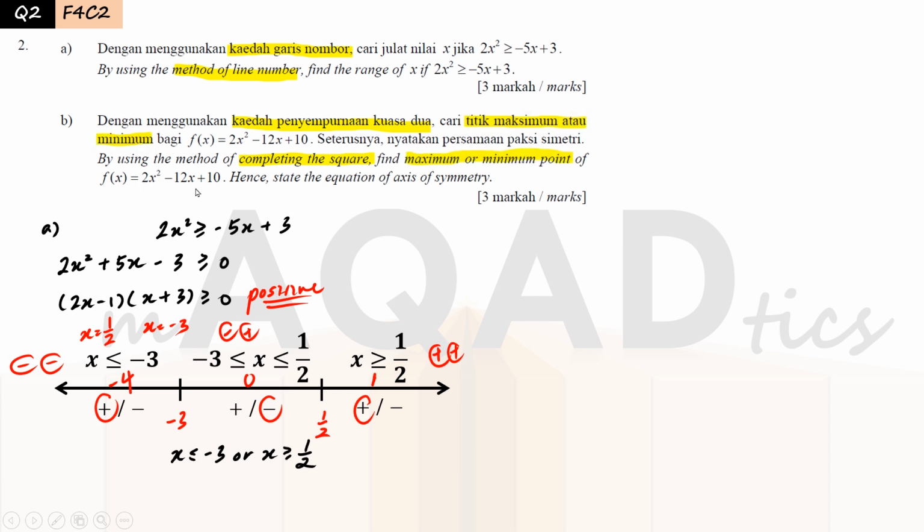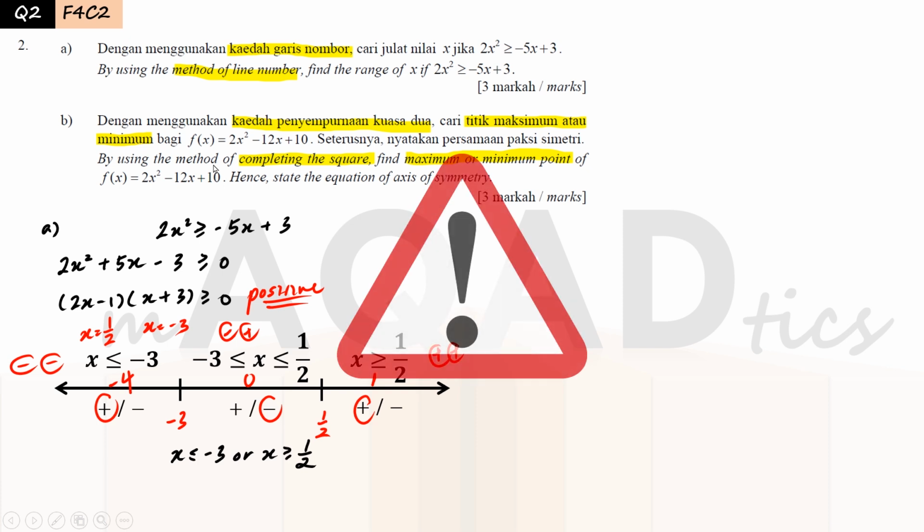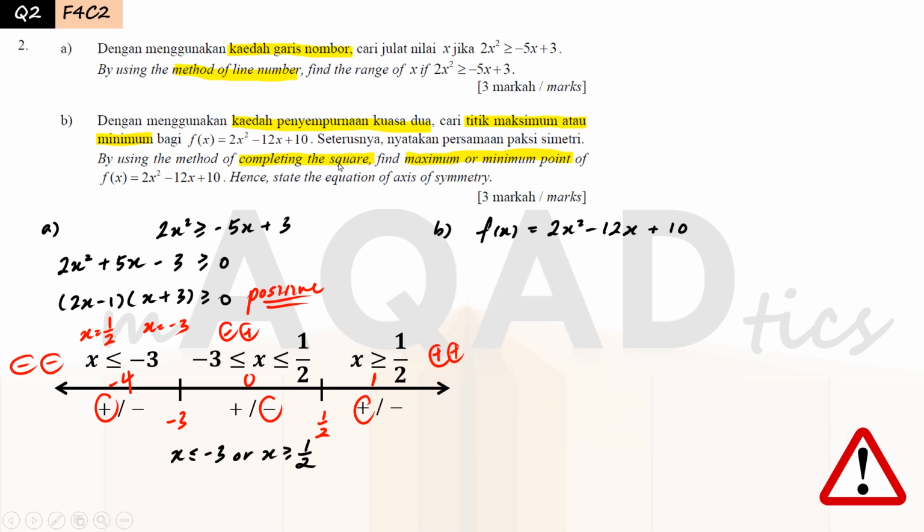For part B, we are going to use the completing the square method to find the maximum or minimum point from this quadratic equation. Let's recall back, completing the square, we have 3 main steps. The first step is to factorize the value of x squared from values that have x. For the x squared value, we just take out the 2.